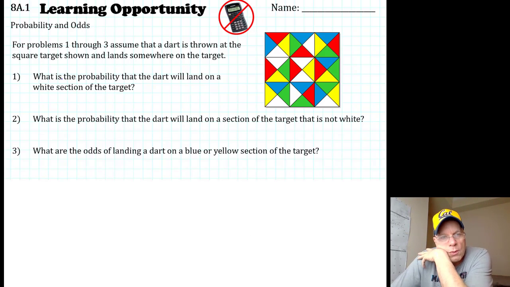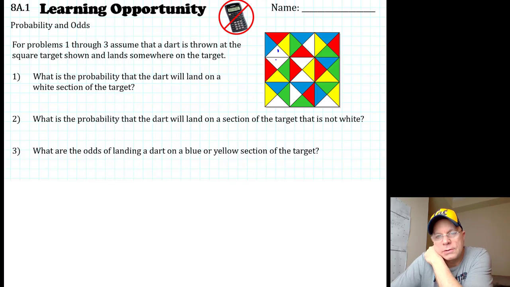Okay, number 1, I should read the directions first. For problems 1 through 3, assume that a dart is thrown at the square target shown and lands somewhere on the target. So it's going to land within this square on one of these differently colored triangles. What is the probability that the dart will land on a white section of the target?